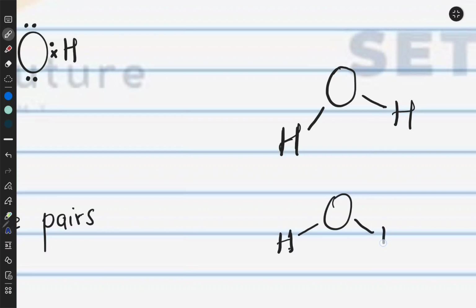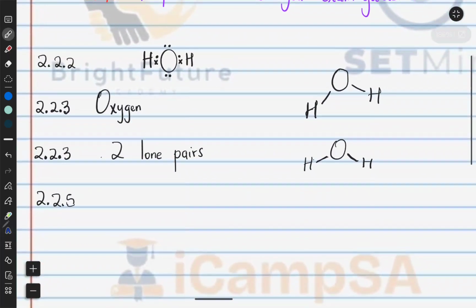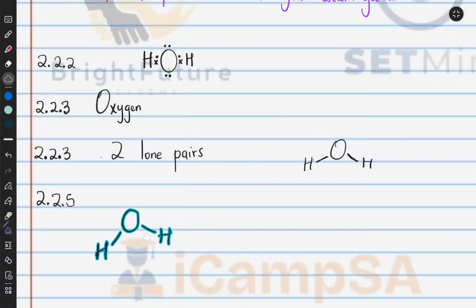So that's why it looks like that. They just get repelled so that they reach the most stable energy state. Okay, so this is bent. In fact, I should have brought it here. Bent or angular.